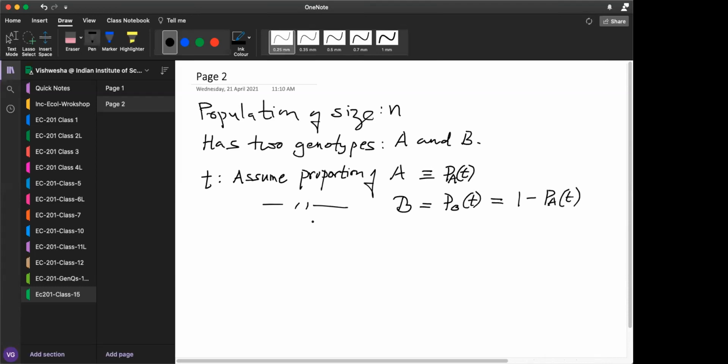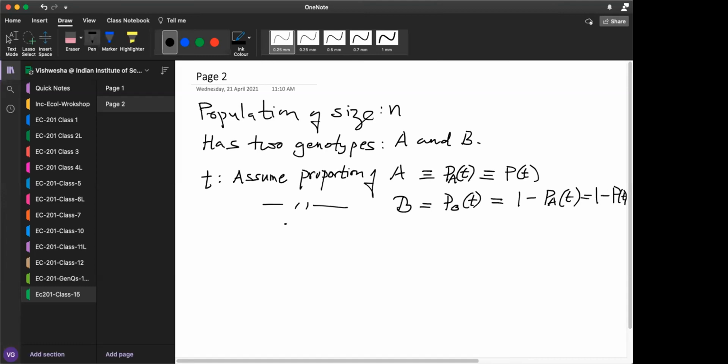Is it fine? Just so that we minimize the number of indices we carry, since every P_B can be expressed as 1 minus P_A, we don't need to write P_B explicitly. Everything can be expressed in terms of P_A, so we don't even need to carry the index A. Let's just represent it as P(t). Is that fine? This will be 1 minus P(t).